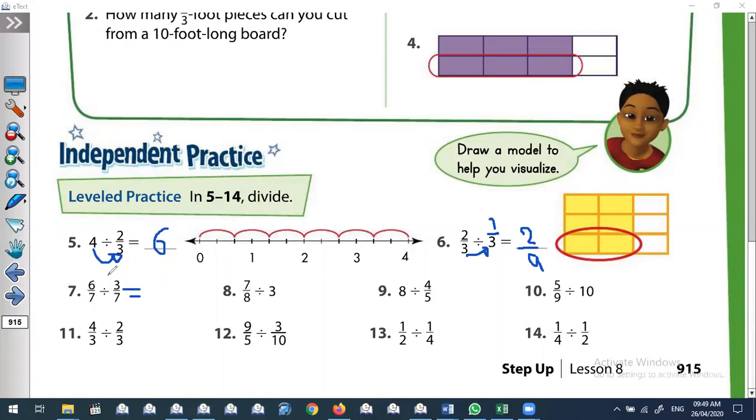Now 6 times 7 is 42, and 7 times 3 is 21. And you can simplify as you want. Here, 3 over 1 will be 1 over 3 when flipped. Now 7 times 1 is 7, and 8 times 3 is 24.